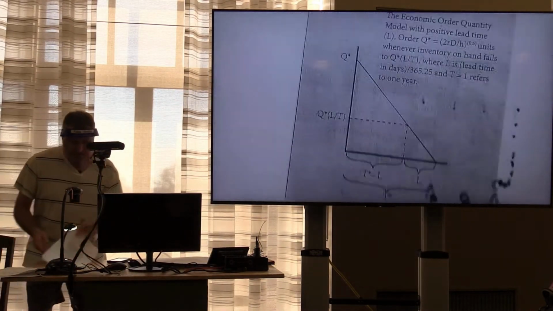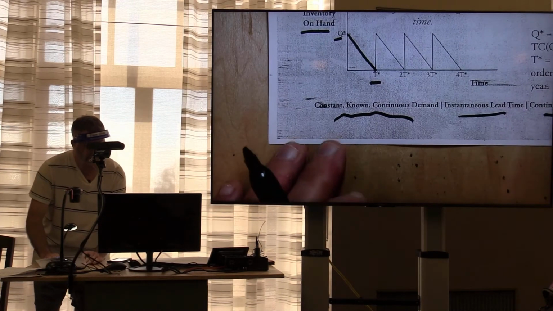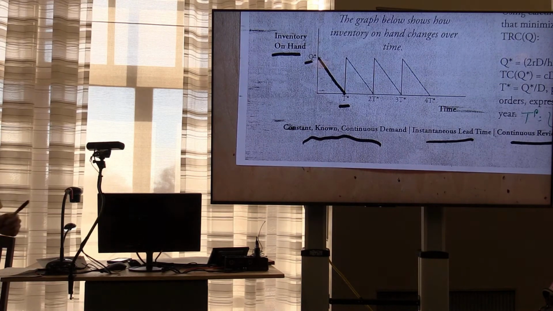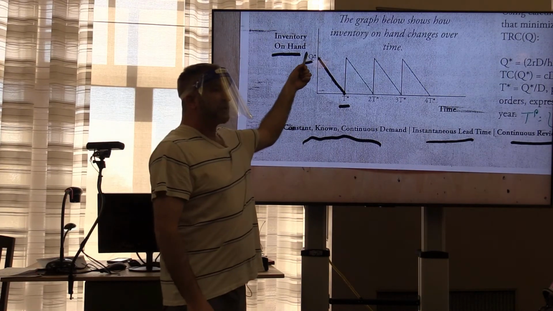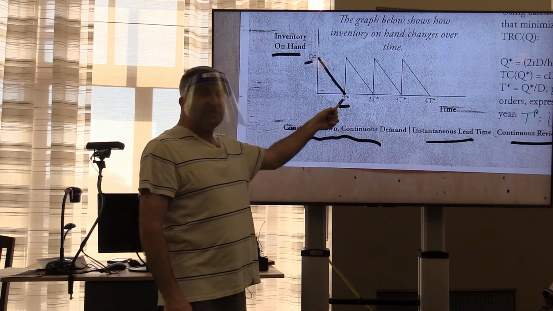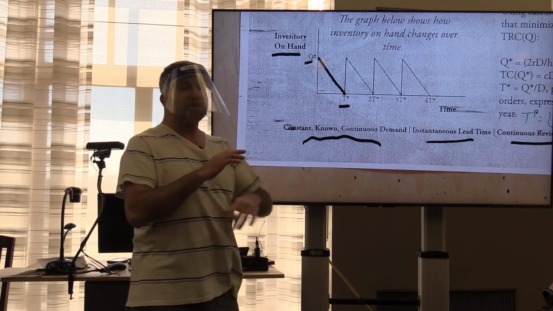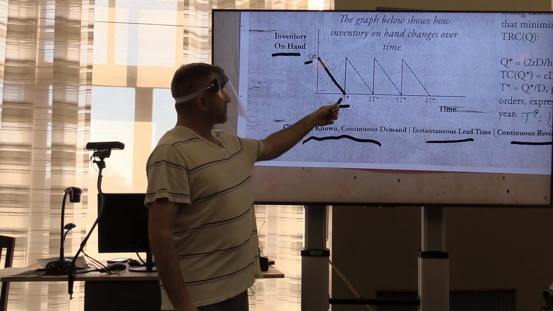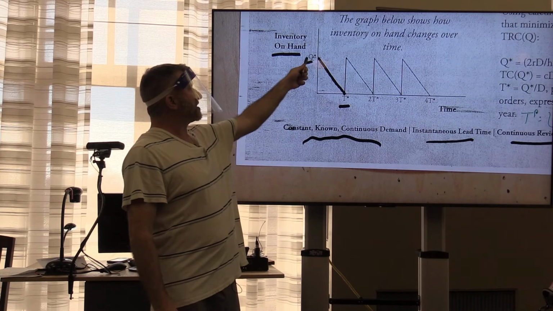Remember that the way the inventory works is that we order Q star. Time goes by, we draw down the same amount every day. When T star time goes by, we're completely out of our chicle base and we need to order more. So at T star, we place a new order. We're ordering the exact same amount, Q star.